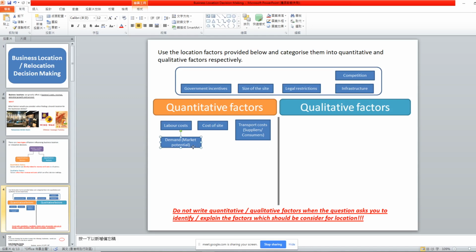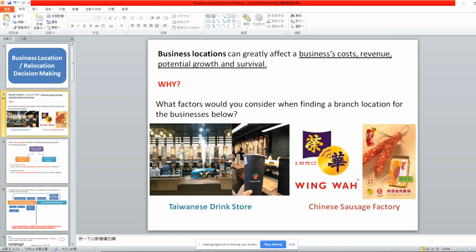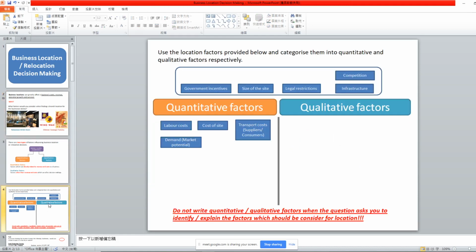This is one very important factor you have to consider every time. I think most businesses will consider this. If you are opening a bubble tea shop, of course you want to find a place where so many people pass by, so you have a bigger potential market.